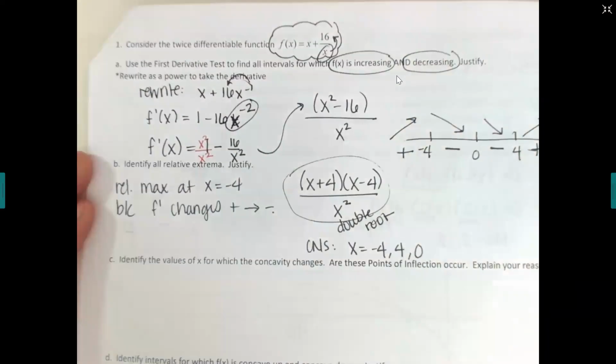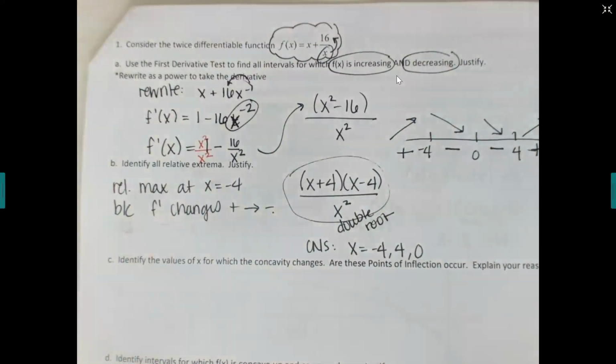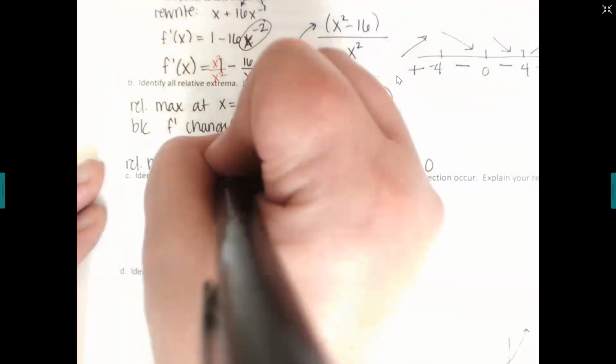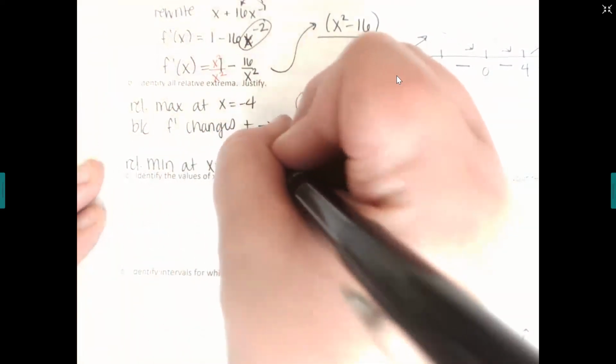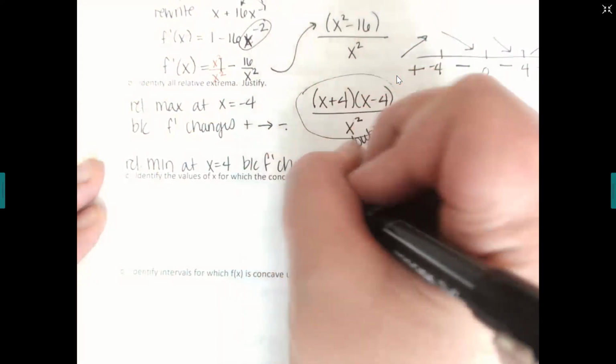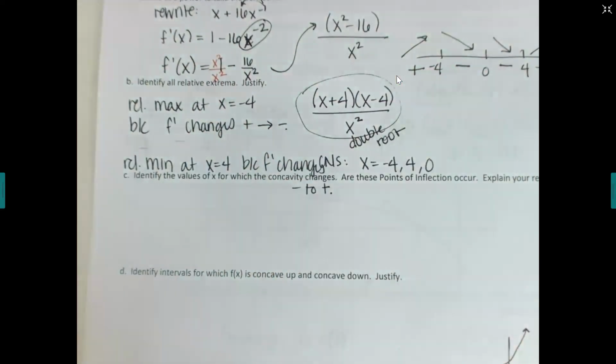And you can use the plus and minus symbols to represent positive to negative. And then same thing for the other, relative min at x equals 4, because f prime changes from minus to plus. Okay.